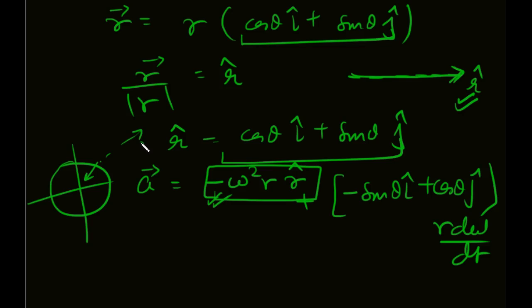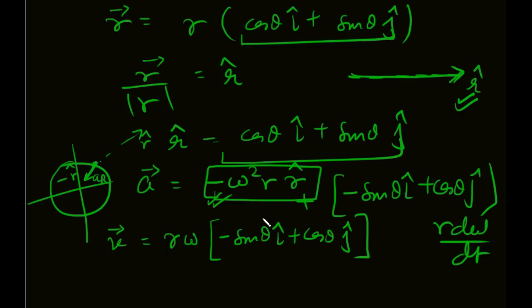Since positive would be outside, negative would be inward, so this is a_r. Now what was V? V was r omega times minus sine theta i plus cos theta j. This was V, and this is the velocity.